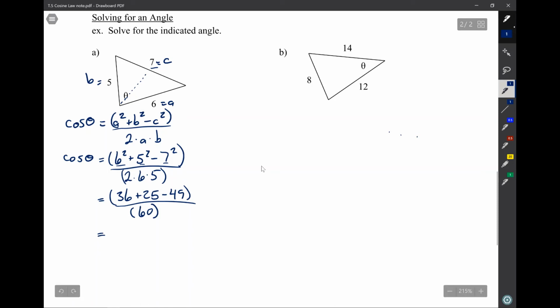Now, I can quickly perform the operations happening in my numerator here within the bracket, so that's 36 plus 25 minus 49, and that's, sorry, positive 12, divided by 60. If I put that into my calculator, that's 0.2. So I have cosine of theta equals 0.2.